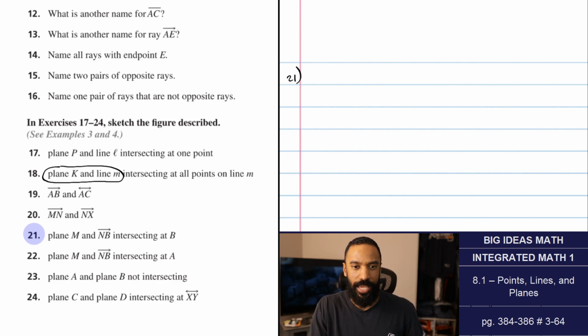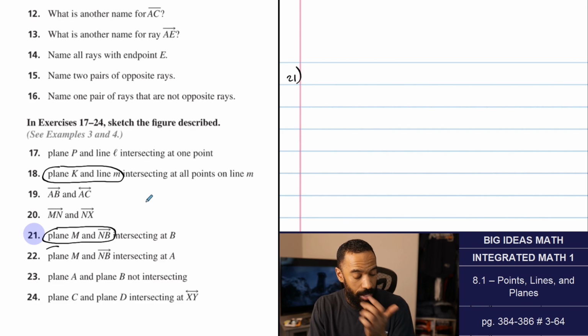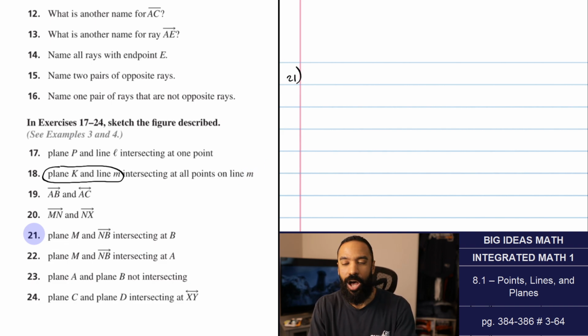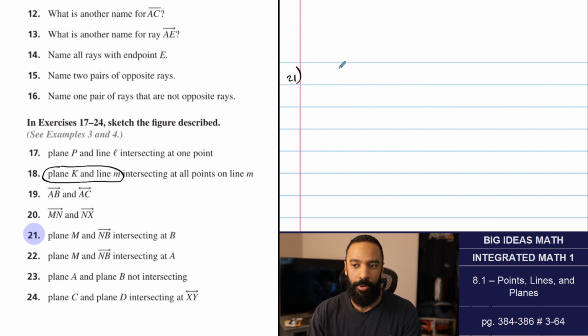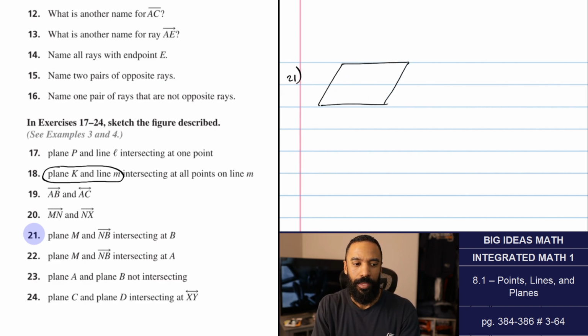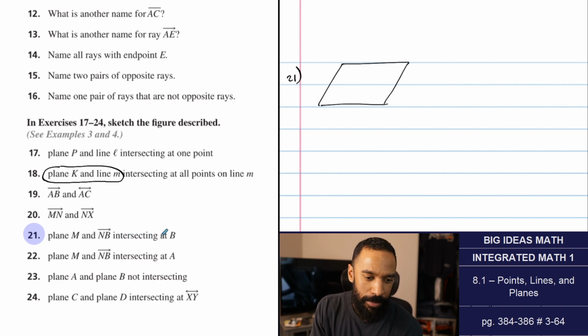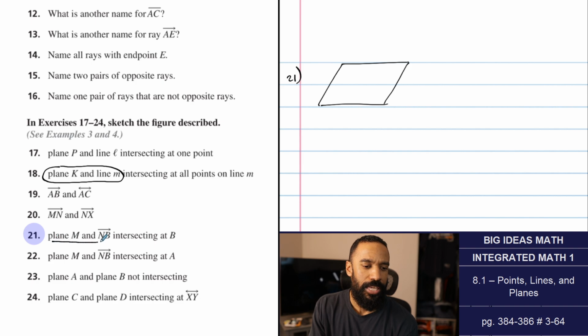Number 21 is saying these two things are intersecting at point B. So that means that point B is on the plane. And that's how I interpreted it the first time. I thought they were saying, draw plane M and then draw ray NB intersecting at B. And I said, what are you talking about? These two are intersecting there. It makes a lot more sense.